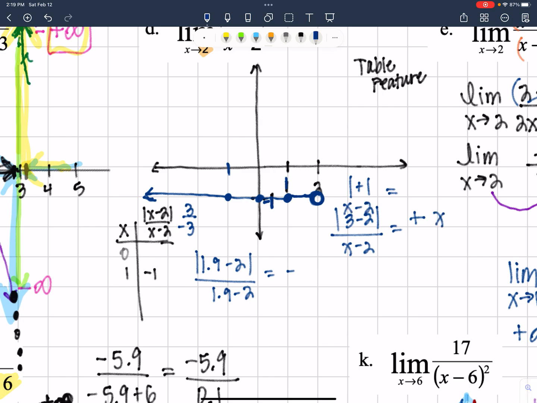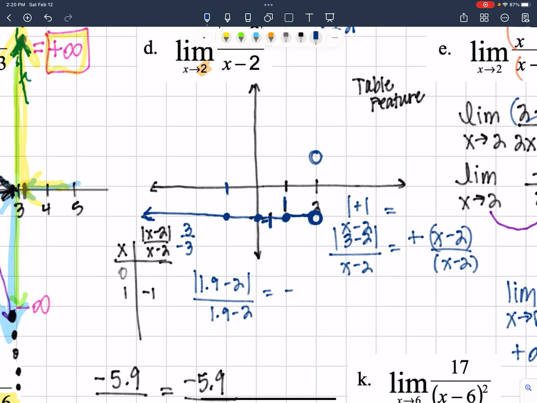So that's where I'm getting x minus 2 over x minus 2. And anything over itself is 1. So once again, when we put a 2 in, we can't. It's excluded, so it's an open circle. But no matter what value I put into the right of 2, I'm going to get a 1 out, because I'm going to end up with the same number in the numerator as I have in the denominator, and they're both going to be positives.